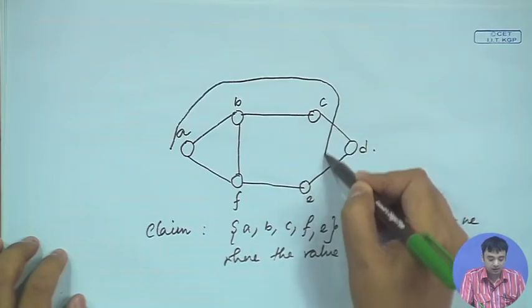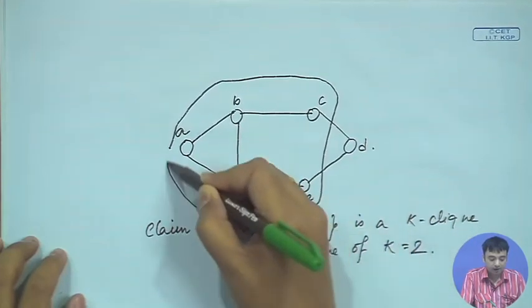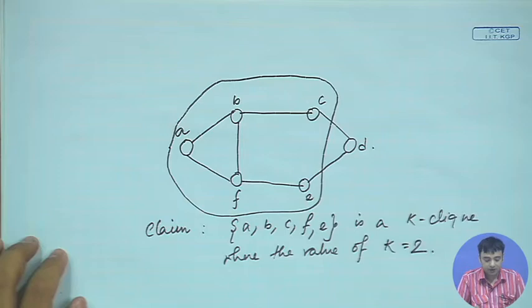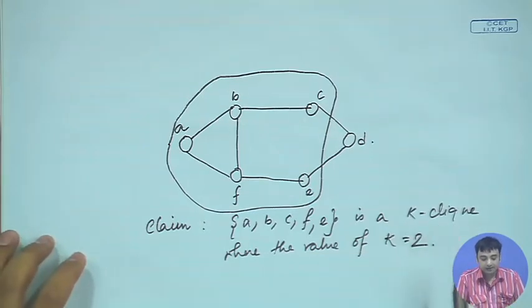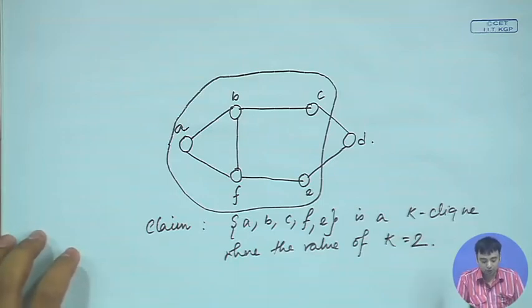This is the set of nodes that we are talking about: A, B, C, F and E. Now, this set of nodes is a K-clique and I claim that the value of K in this case is equal to 2. Now, you immediately find something strange.